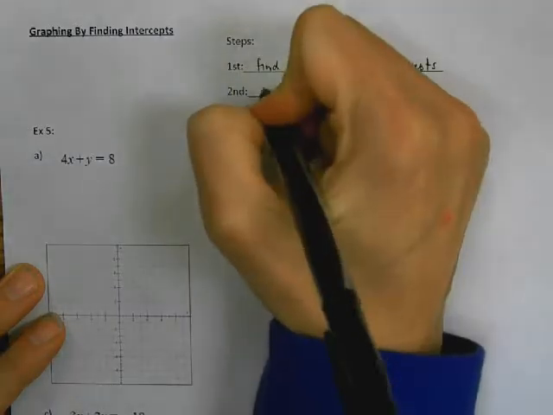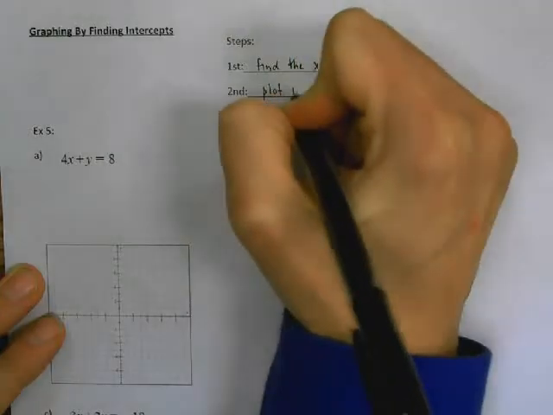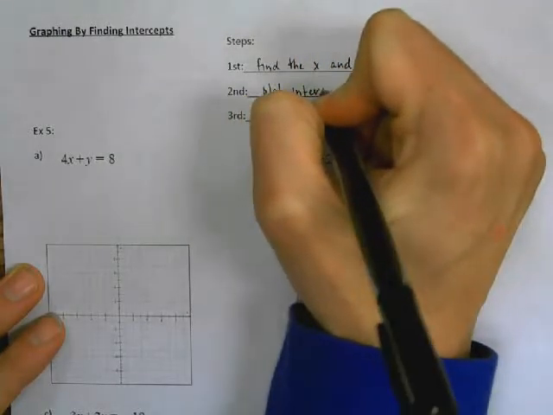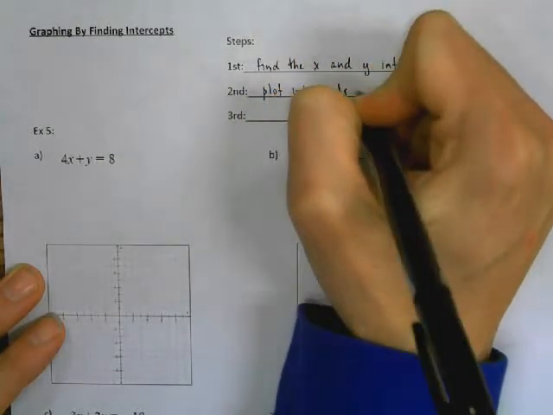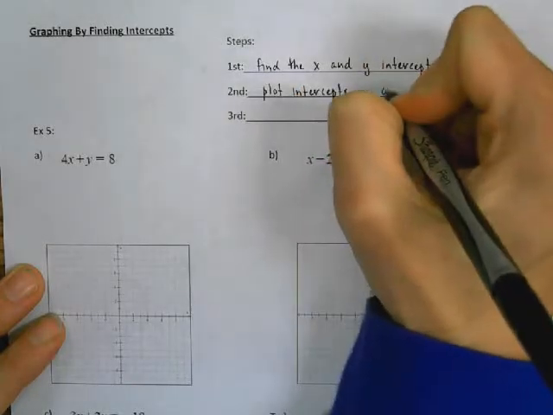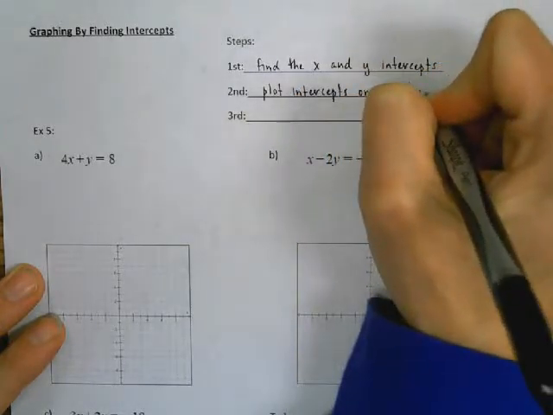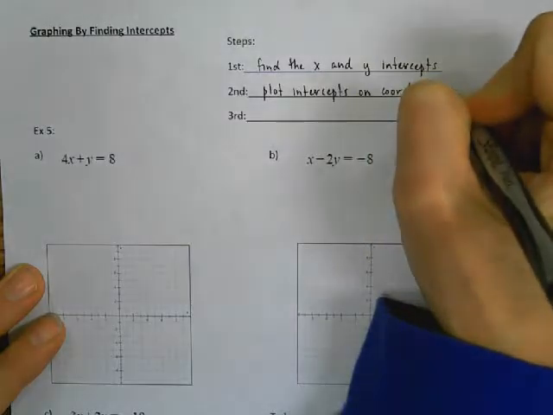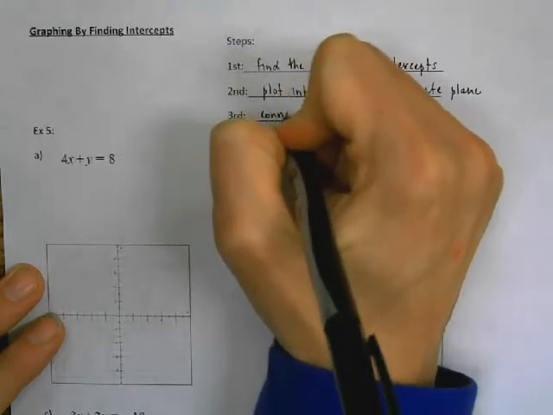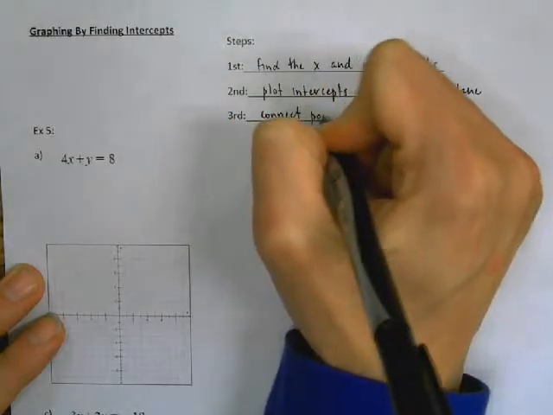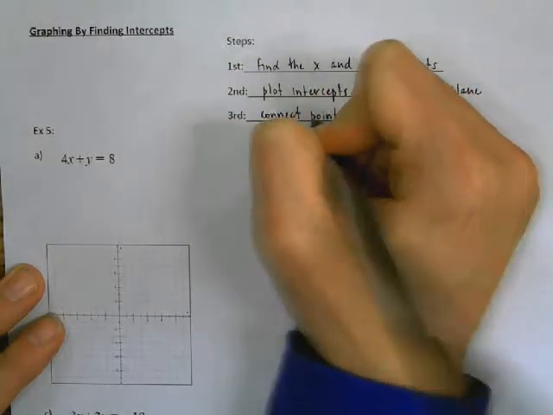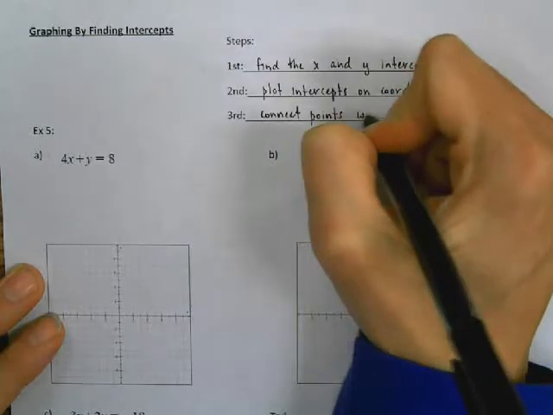Once we have the x and y intercepts, we're going to plot the intercepts on the graph, so plot them on the coordinate plane. And then we're going to connect the points with a straight line. And that'll give us our graph. So it's actually a pretty quick way of graphing these equations.